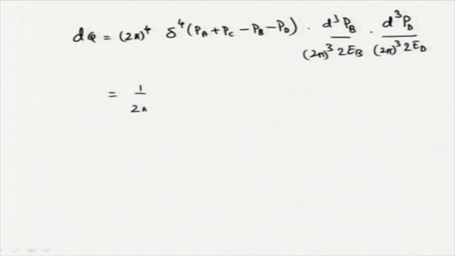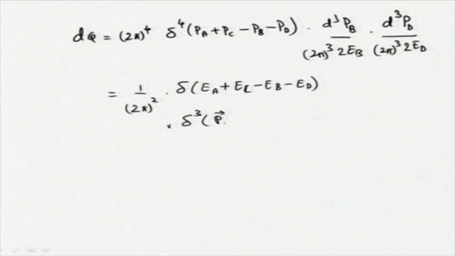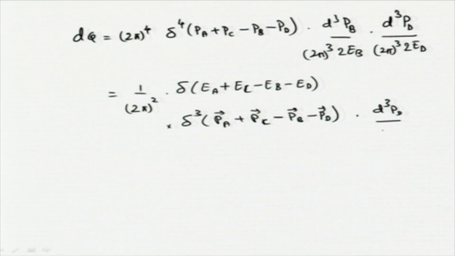So, altogether we have a 2 pi power 2 in the denominator, and let me split this delta function into delta of the energy, E A plus E C minus E B minus E D, into the other delta function, the rest of it, which is a 3 dimensional delta of the 3 vectors P A plus P C minus P B minus P D. Then you have d 3 P D over 2 E D, and you have d 3 P B over 2 E B.